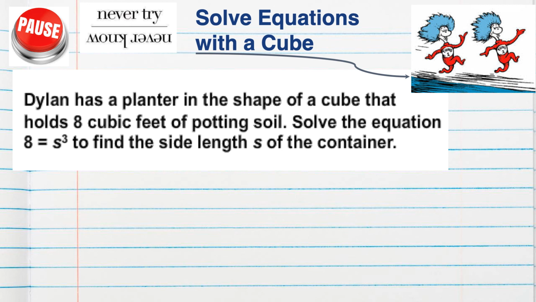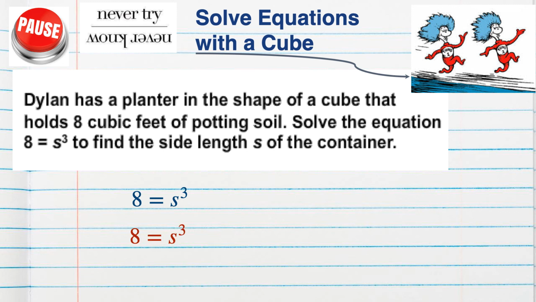The first thing I would do here is rewrite the equation, identify the variable, and identify the exponent. By doing so, we realize that the s is being cubed. Did you do that? Yeah? Good. Identifying is one of the first steps.